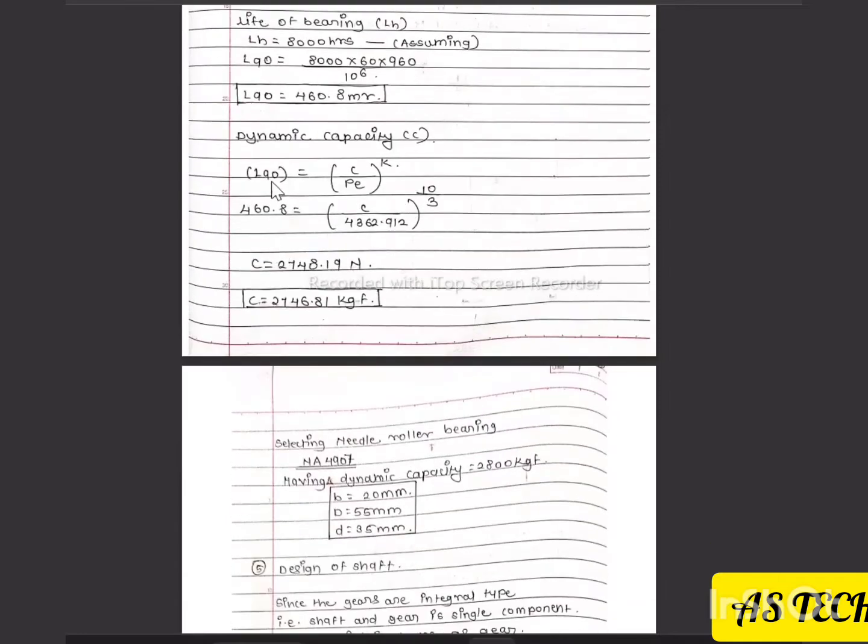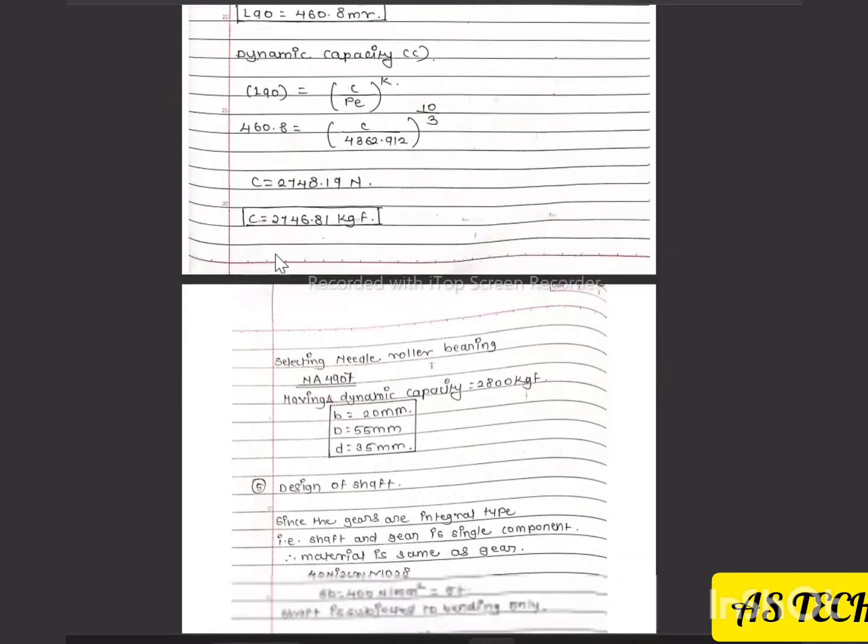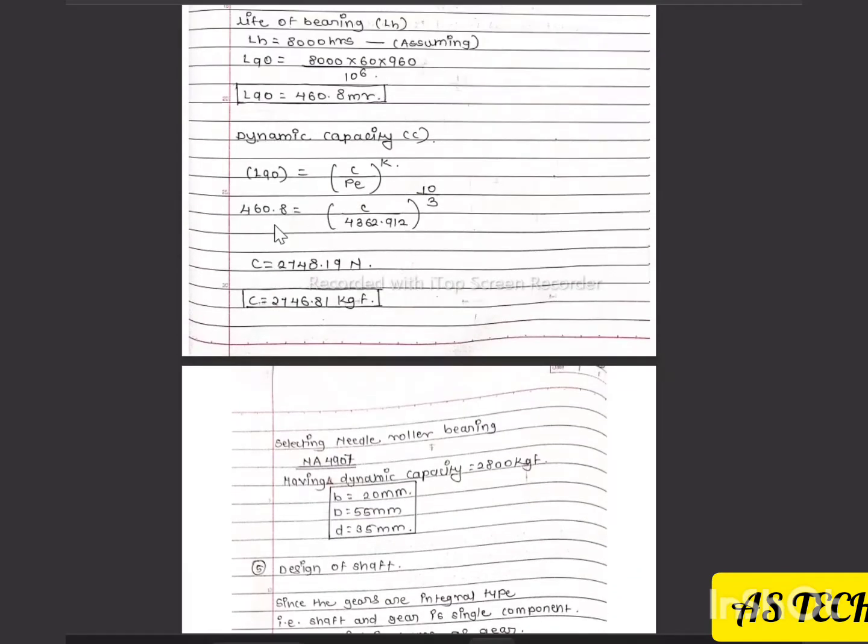Now find the dynamic capacity, the value of C. Basic formula, L90 equals C upon P raised to K. K means 10 by 3. This formula is available in PSG 4.2 or 4.5.